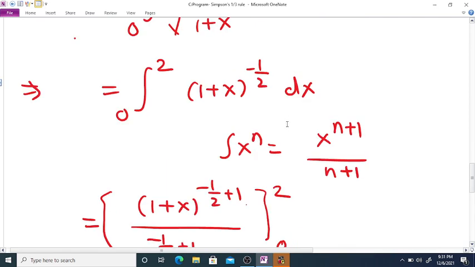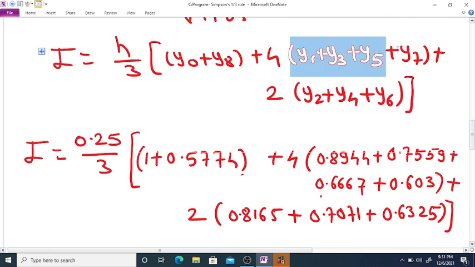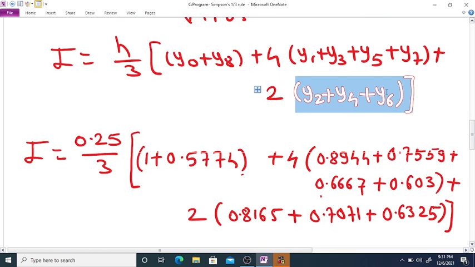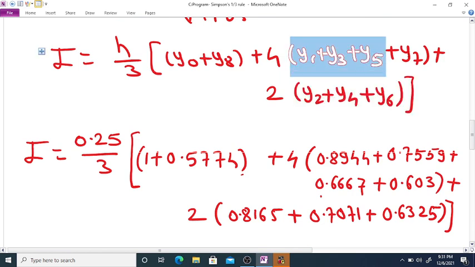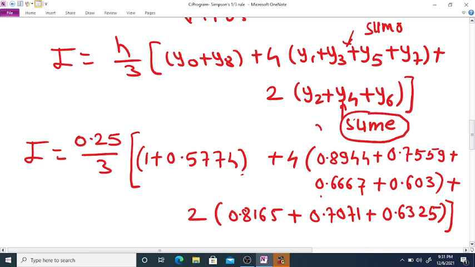If the given i is odd, then we are going to sum y1 plus y3 plus y7, and if it is even, we are going to write it in sum even. So sum odd and sum even, and then we are going to multiply sum even by 2 and sum odd by 4, and then we add the sum to y0 plus y8, and then we are going to multiply it by h by 3.